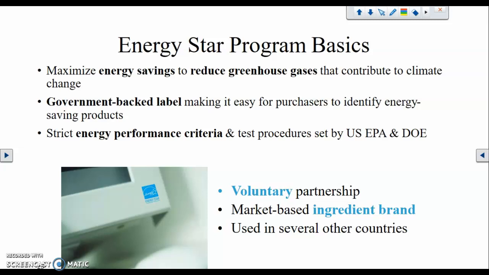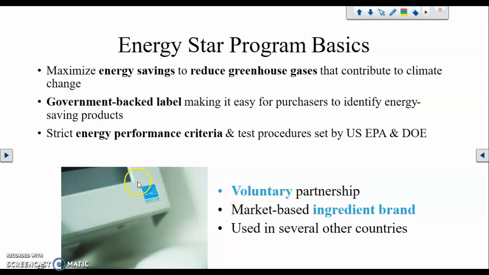everything inside the home. Now, this is a voluntary program, run by the Environmental Protection Agency and the Department of Energy, obviously. Companies that get the Energy Star stamped on their products voluntarily partner with the government.